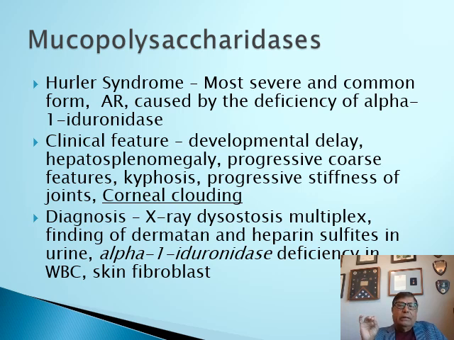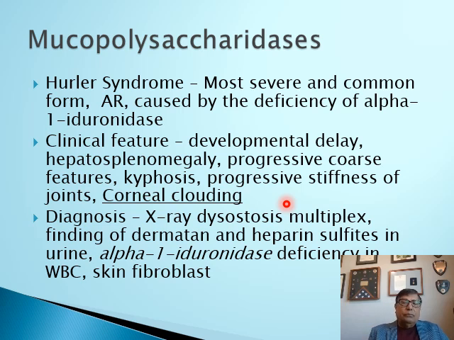And the features also include kyphosis, severe degree of kyphosis, progressive stiffness of the joints, and they do have corneal clouding. This is a thing that you need to remember, the corneal clouding, and this is one of the diagnostic features of mucopolysaccharidosis type 1.